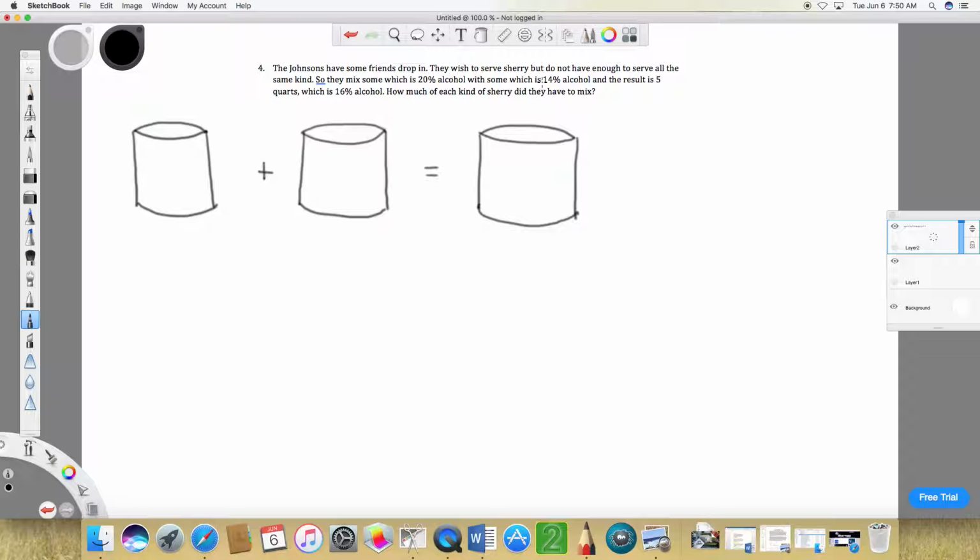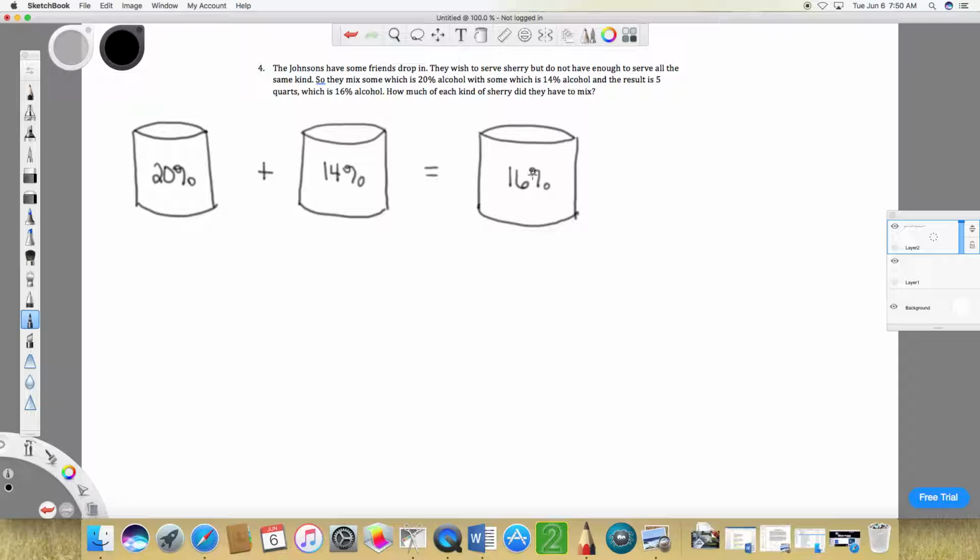So we had some that was 20% alcohol and some which was 14% alcohol. We combined those, we added those together in a container, and the result was 16. And that makes sense.